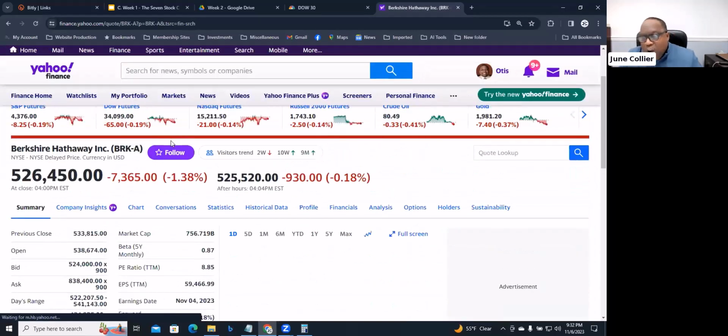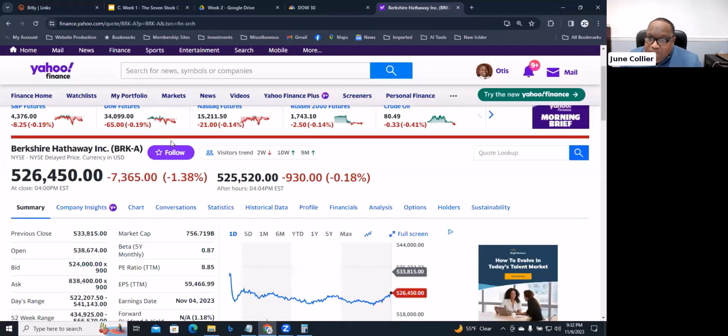Let's take a look at Berkshire Hathaway. To own one share of stock in Berkshire Hathaway is going to cost you $526,450. That's because they never did a stock split. They've never done a stock split. And we'll talk about why companies do stock splits. But Berkshire Hathaway has never done a stock split.